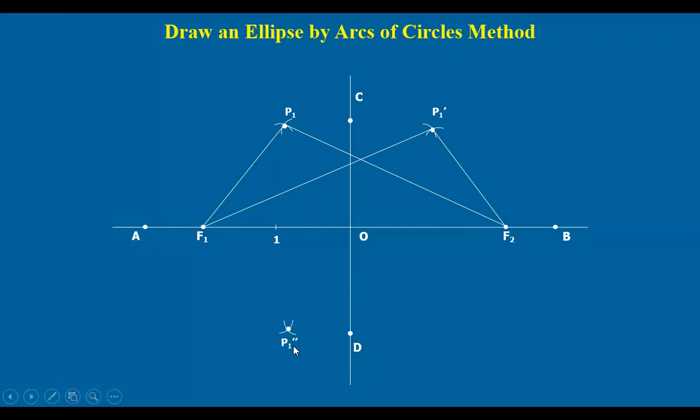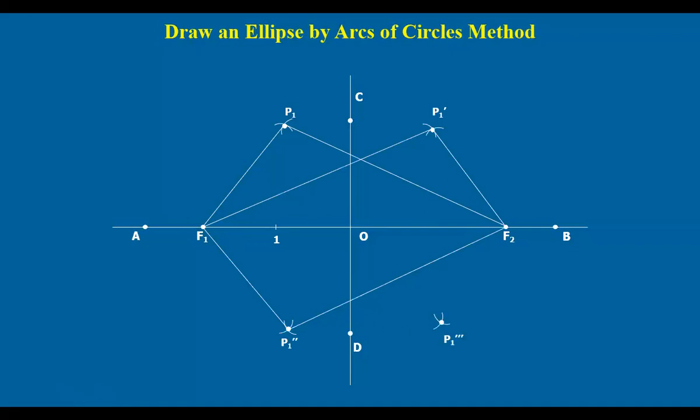So this is P1 double dash, and this is A1, this is B1. Again, this point P1 double dash is also on the curve. Using the same principle, A1 as radius, F2 as center, draw an arc, and 1B as radius, F1 as center, draw another arc.